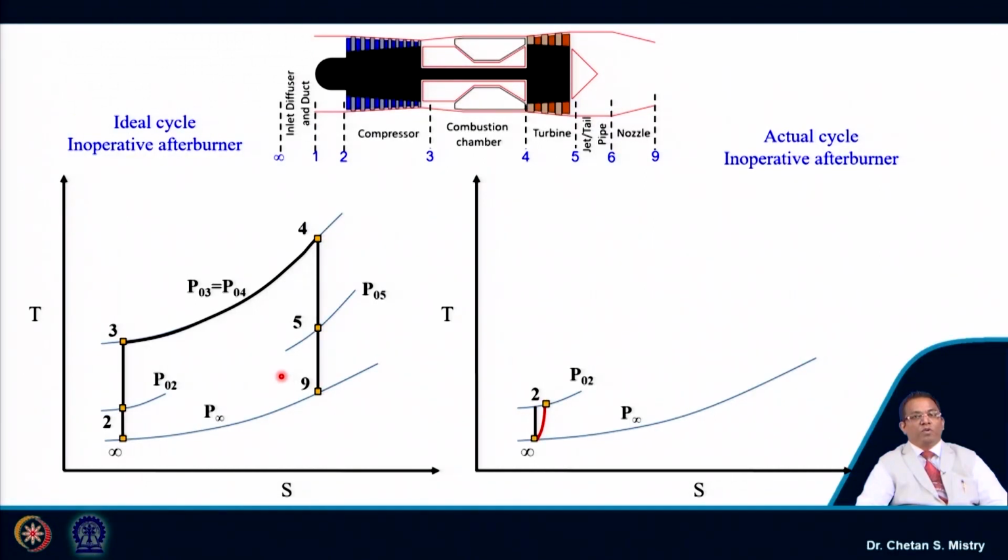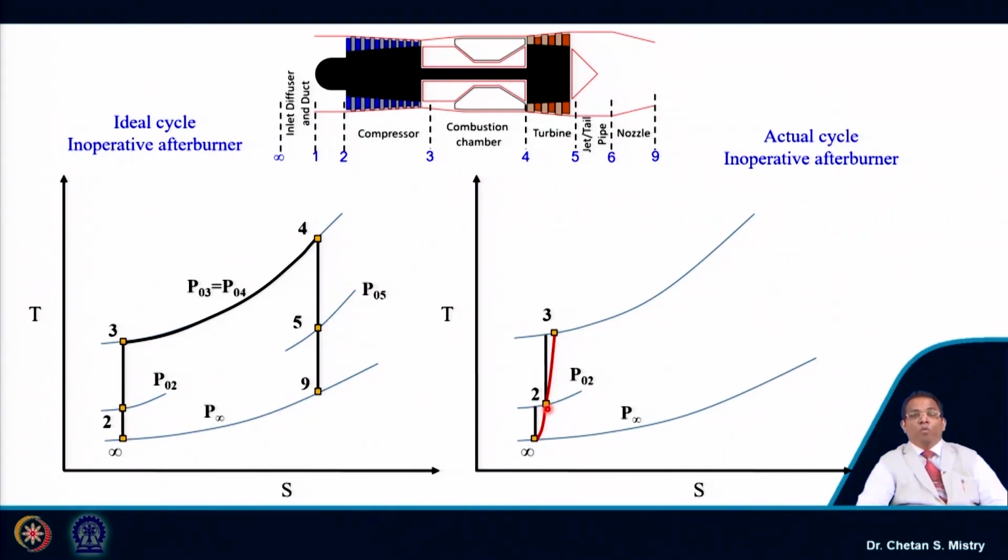So, my actual process is represented by this red line. Now, from there my flow enters the compressor, and this compression process we assume as isentropic. We have realized that because of losses present inside the compressor, my actual process will be different from my ideal process.